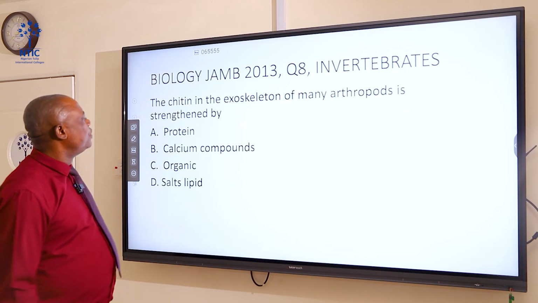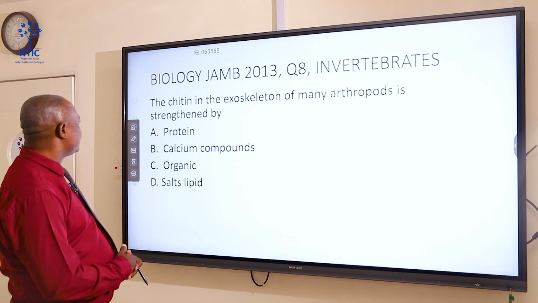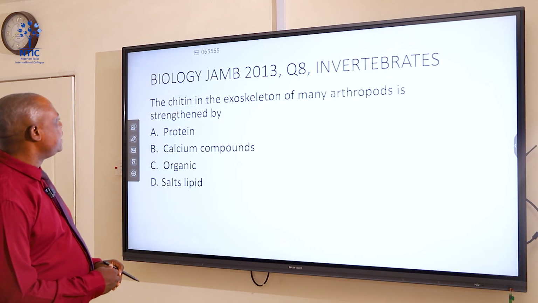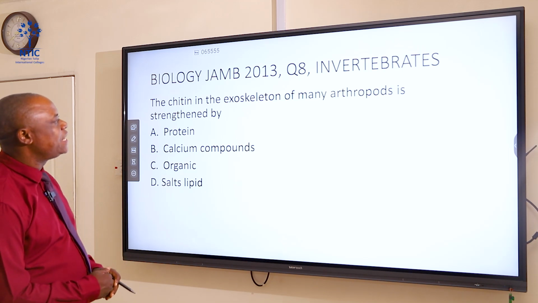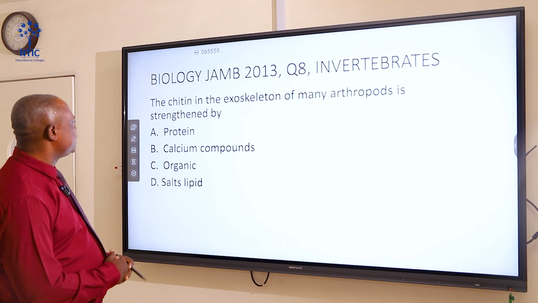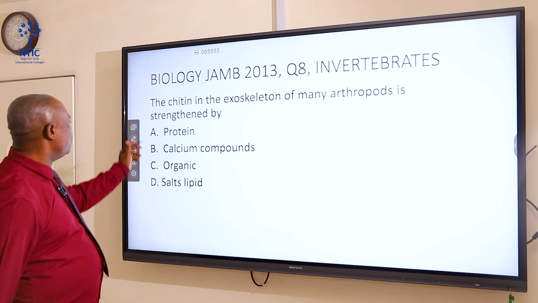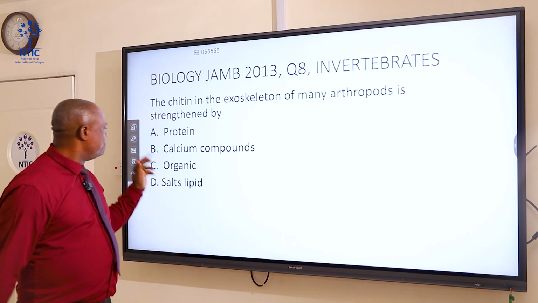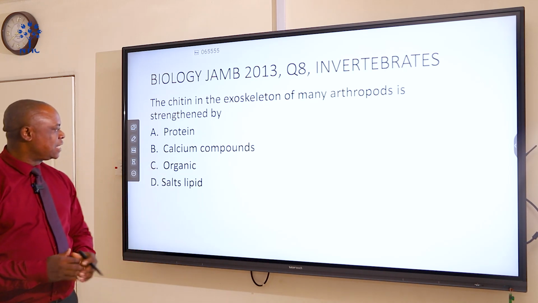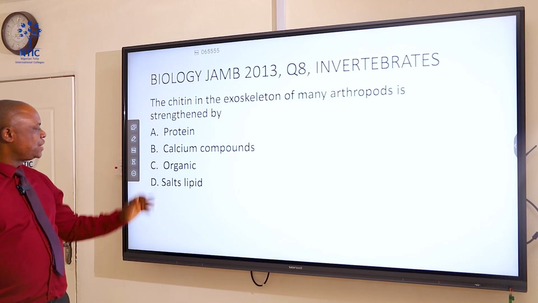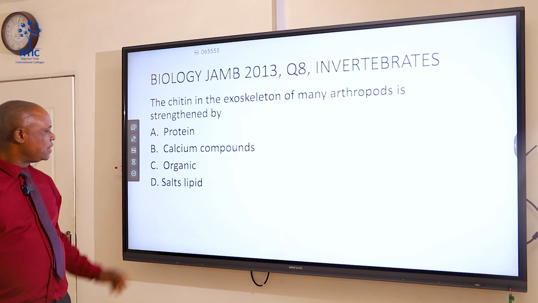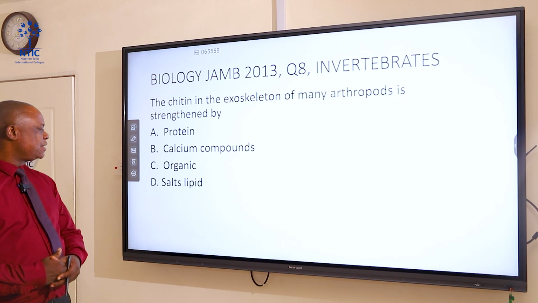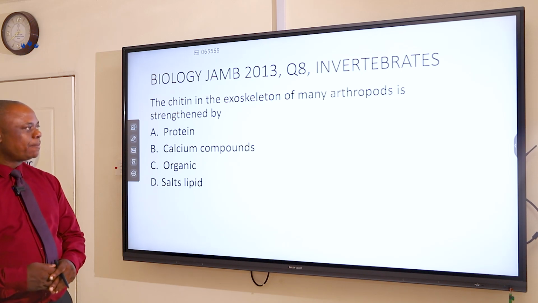Question number 8. The chitin in the exoskeleton of many arthropods is strengthened by A, protein, B, calcium compounds, C, organic, then D, salt lipid.